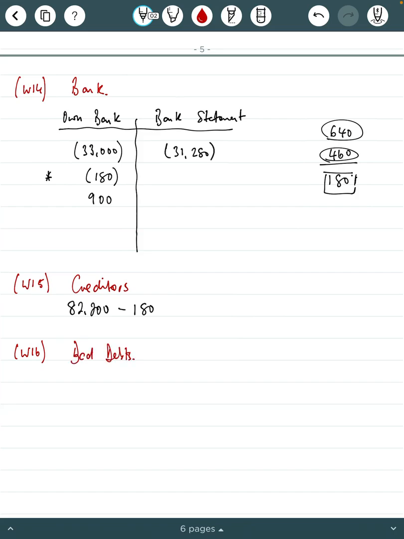If this 900 euro represents 30%, then 900 divided by 0.3 will give you the full debt, which was 3,000 euro, but they've paid 900 of it, so that means the total bad debt is 2,100.